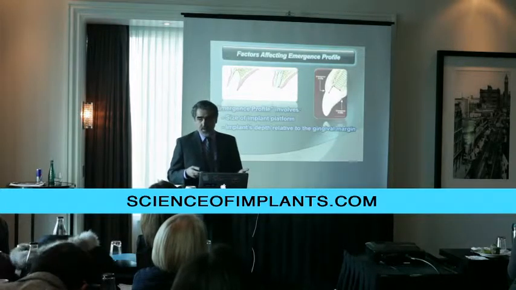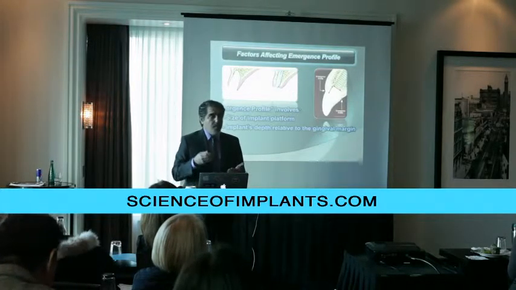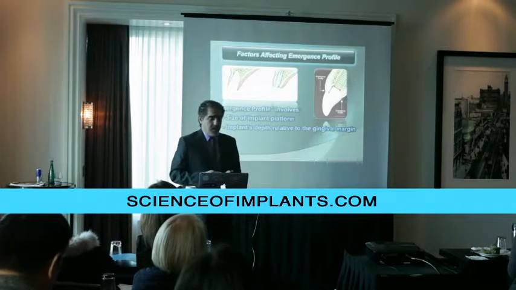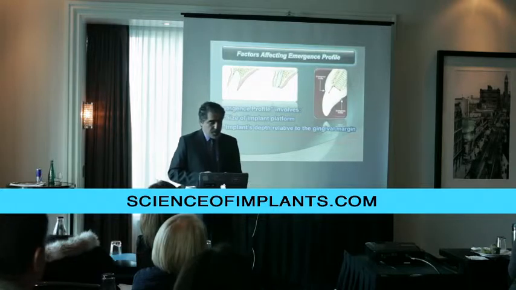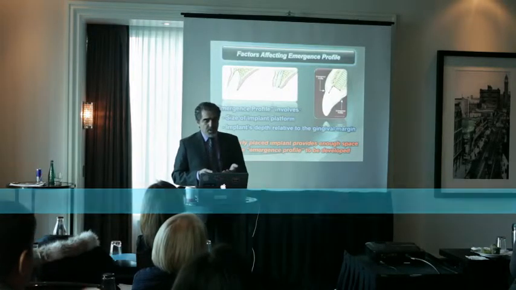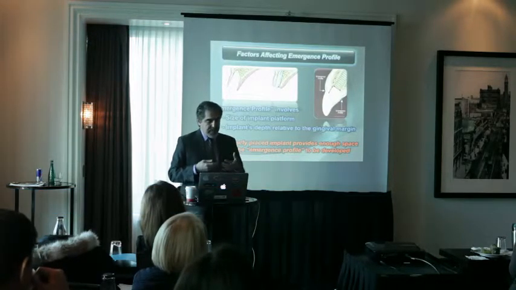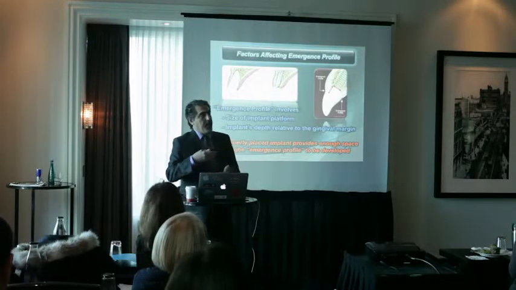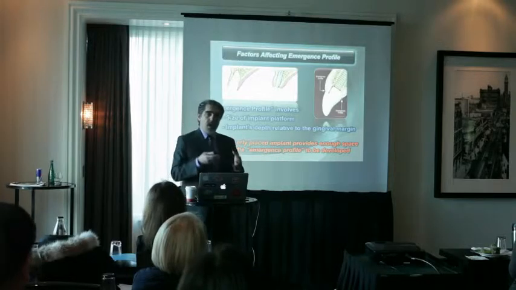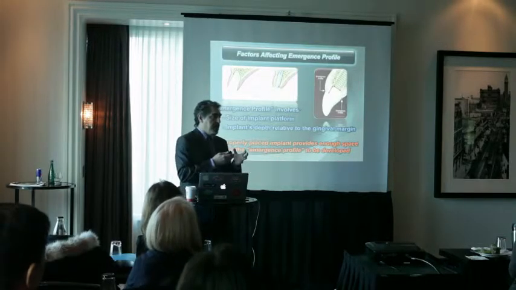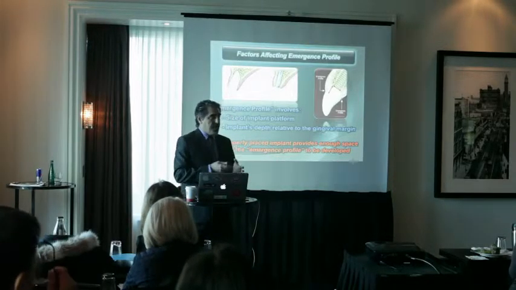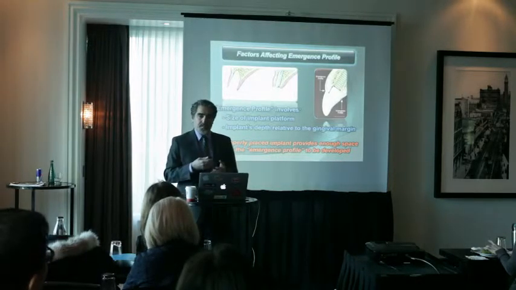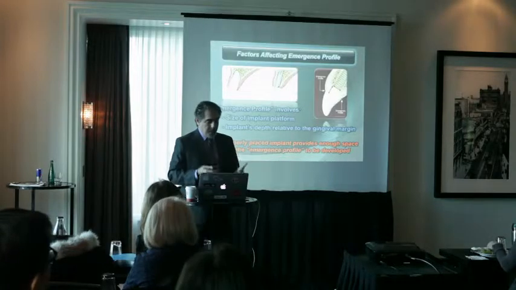That's very important too, and we will see why both the vertical and the horizontal components are so important. So to have a nice and proper emergence profile, the restorative dentist will be relying on the ability of the surgeon to place the implant properly in the right place so the technician can develop the emergence profile in a better way.